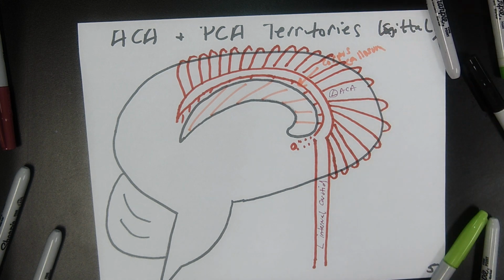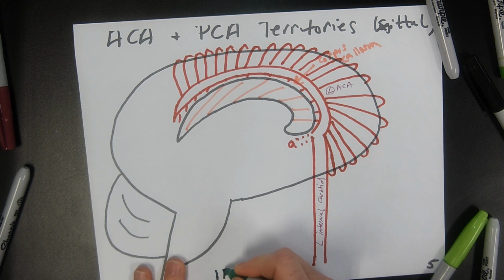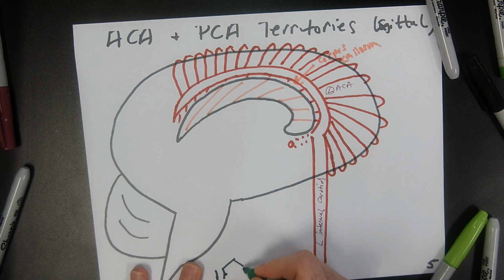Okay, thinking about the posterior circulatory system, the vertebral basilar system. We know that we're just going to do the left. So coming up, there's the vertebral arteries about the level of the pontomedullary junction, come up to form one main artery.